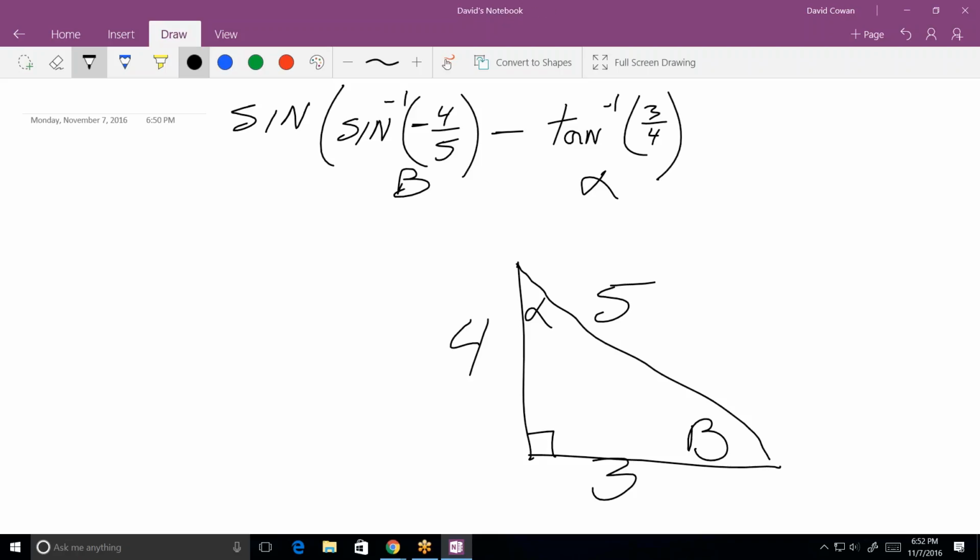If you try to figure out the problem from right here, it's very confusing. So always remember, the way to make the problem easier is to use the identity, and then you just have to fill in numbers and make sure you get the right plus or minus sign on it. So our problem is, what's the sine of beta minus alpha? What's the identity?